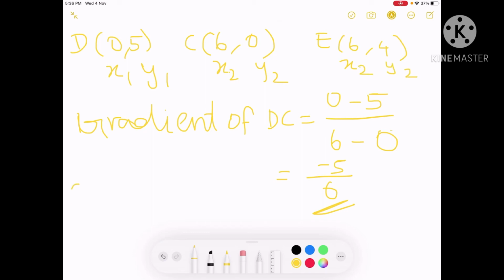So the gradient of DE is y2 value 4 minus 5 divided by x2 value 6 minus 0. So 4 minus 5 is minus 1, divided by 6. So that is the answer. So the 4 different answers of the gradient of each of the line segments are now finished. Thank you.